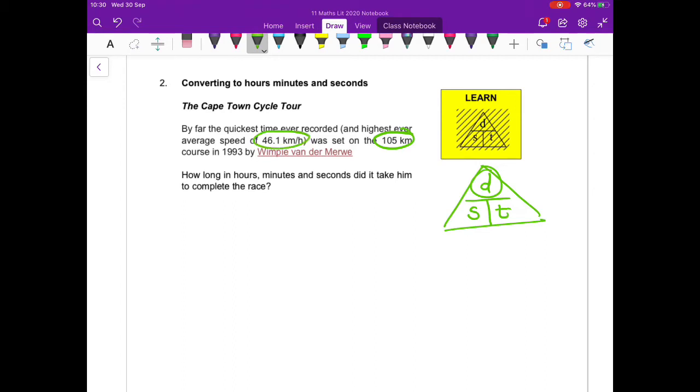I have got the speed, so I have to find time, and it said how long in hours, minutes, and seconds. So I know that time equals distance over speed. Right, and now we just go and do substitution, which is my distance was 105 kilometers. Let me do that neatly.